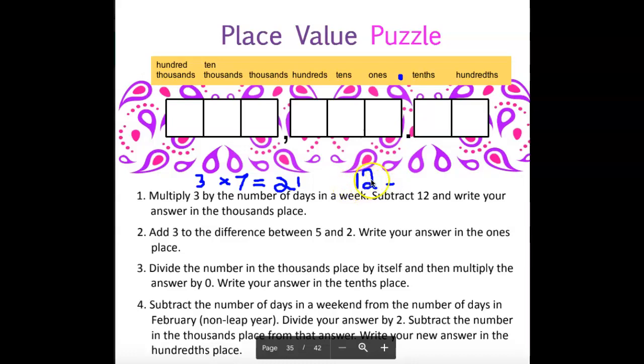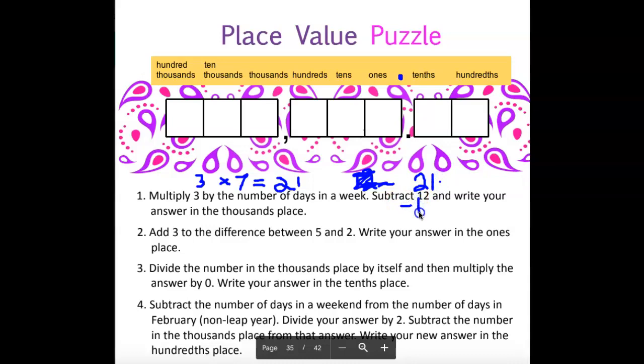Oh, I did that wrong. Okay, sorry about that. If I try to erase that, it'll erase everything, so I'm just crossing it out. It's 21 take away 12, here, let's do it this way.